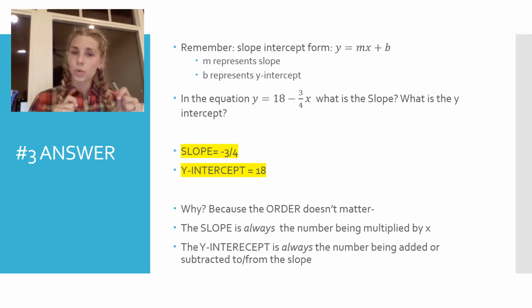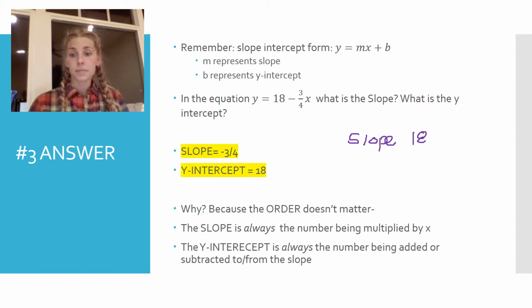That's just my teacher intuition going off. So, here's what I expect some of you answered. I expect that some of you said that the slope was 18 and that the y-intercept was -3/4, or 3/4 if you ignore the negative, which you shouldn't do.